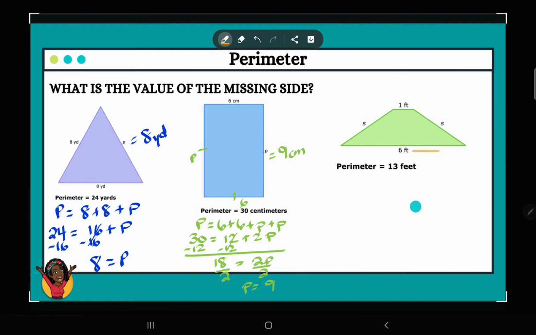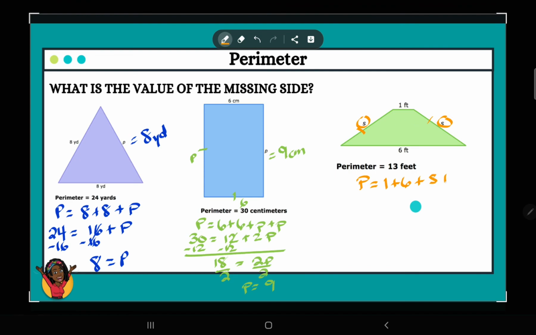Now for this example, we're going to go ahead and do the same thing. So perimeter is equal to 1 plus 6 plus, and if you notice that we have the same variable on both sides, what that's telling us is that this is an isosceles trapezoid. Both of these legs are the same.